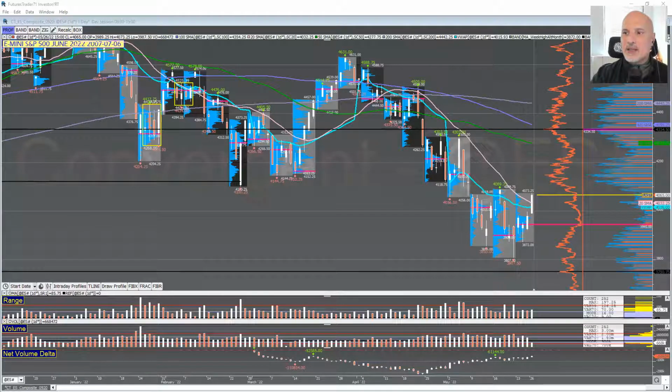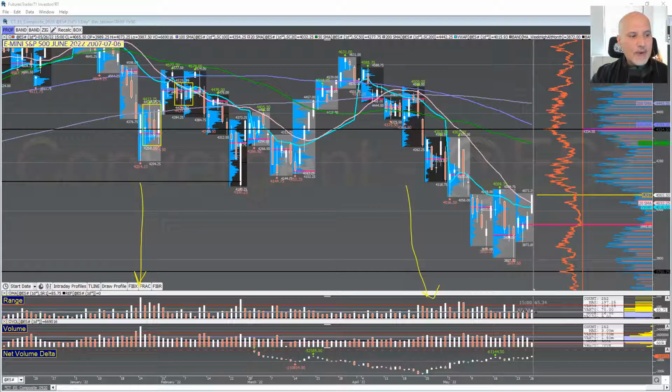Those bars are shown here with a volume profile. Underneath, I've got a histogram that is plotting the range of each one of these bars. So if I hover over today, I get an RTH range so far of 85.75 points.